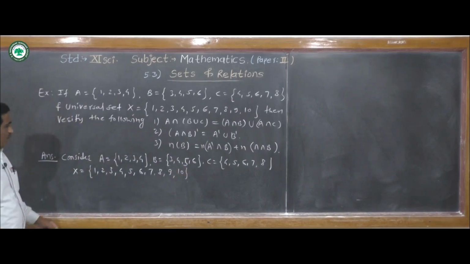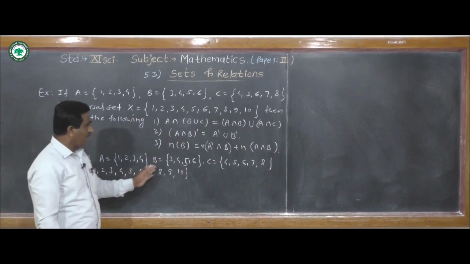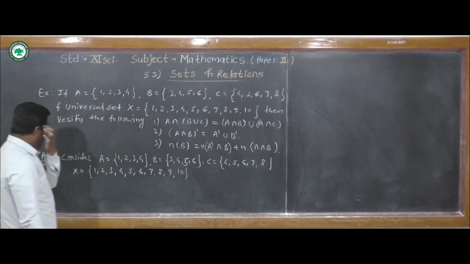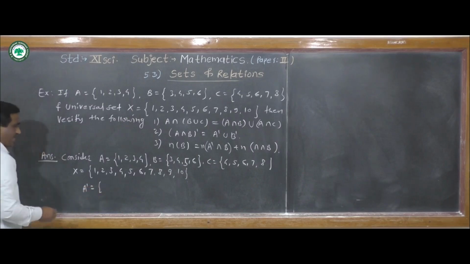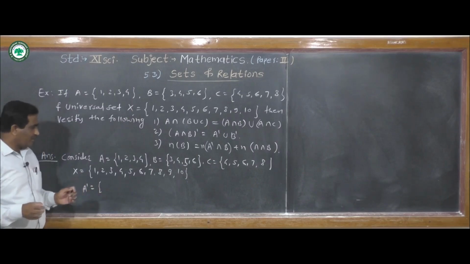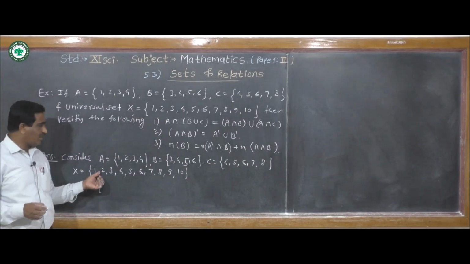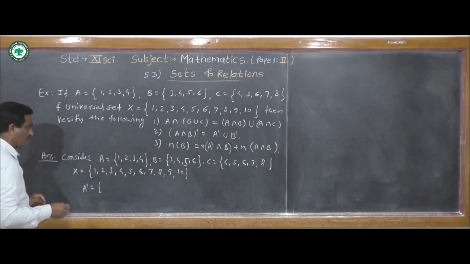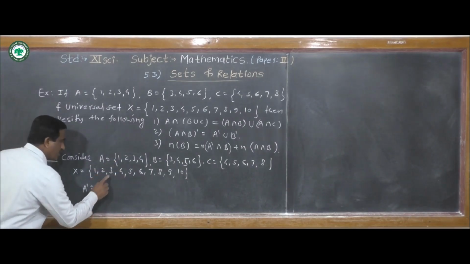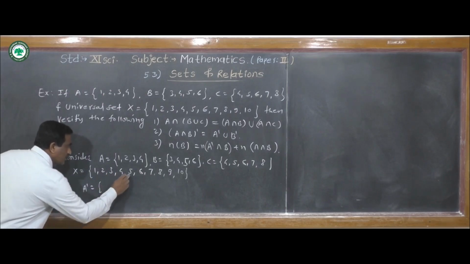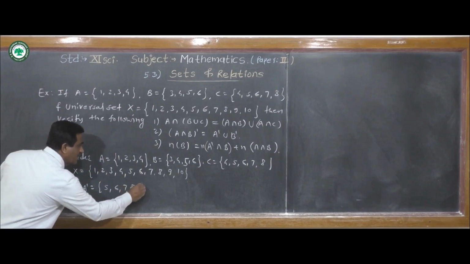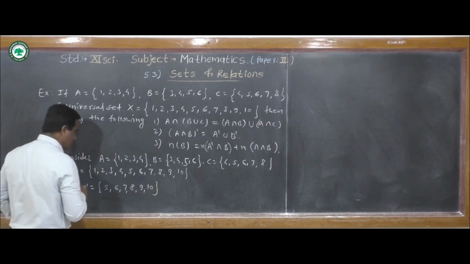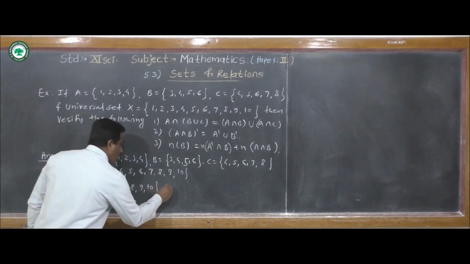Now first we write the complements of all these three sets A, B, C. Complement of A is A dash. A dash is equal to, in curly bracket, the elements which belong to X but do not belong to A, are 5, 6, 7, 8, 9, 10. Okay. Comma B dash.